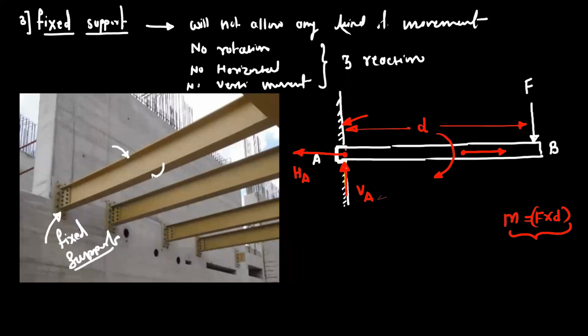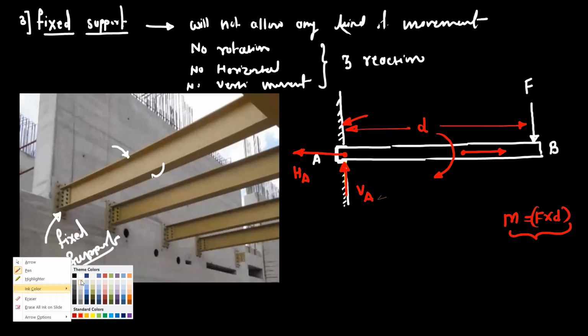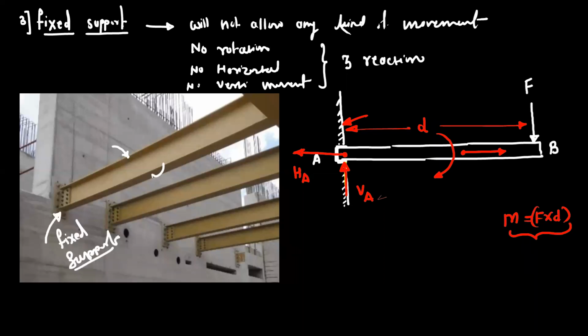But as this is fixed, the wall will try to oppose this rotation in order to maintain the horizontal position of the rod AB, and the wall will offer the reaction in this direction.